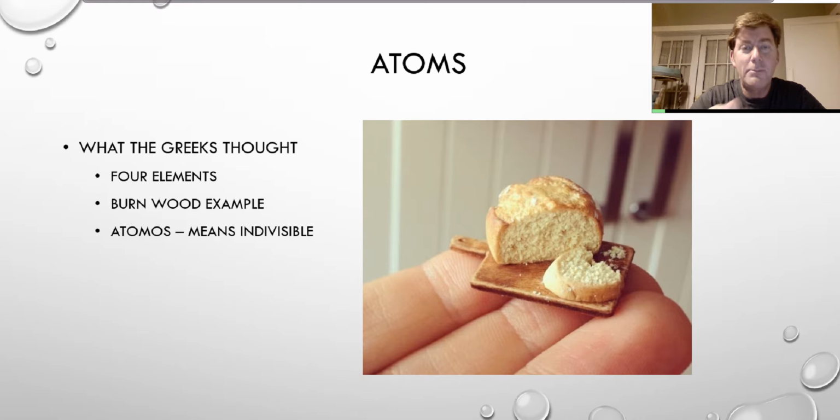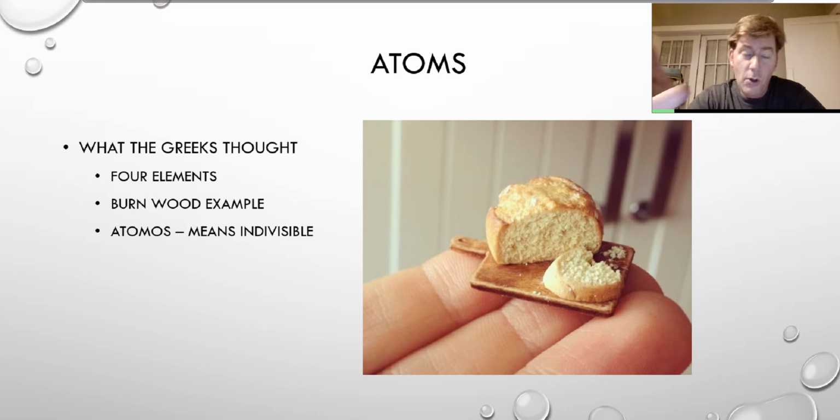How long can I keep dividing this little piece of bread and it still be bread? And they thought, well, is there an end limit to this? And most of them thought yes, and that end limit is the atom, is what they said. That's the indivisible part of it.